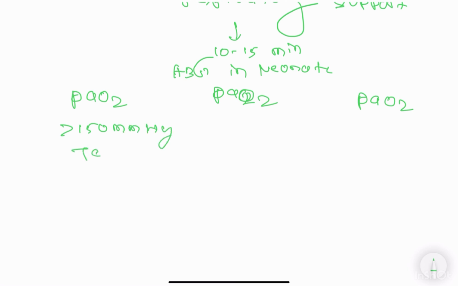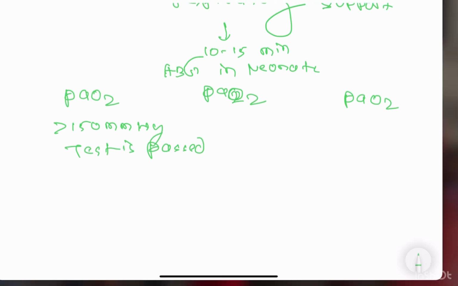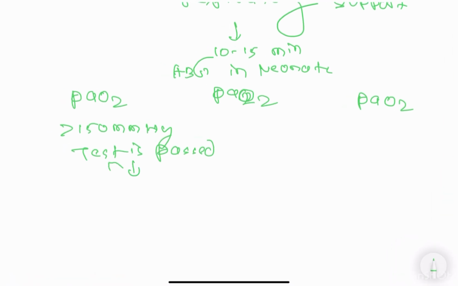We have to say the test is passed. If the partial pressure of oxygen is more than 150, the test is passed and it excludes fixed intracardiac right to left shunt lesion, and it says that the cause is likely primary pulmonary disease.